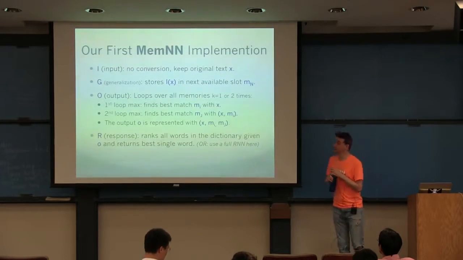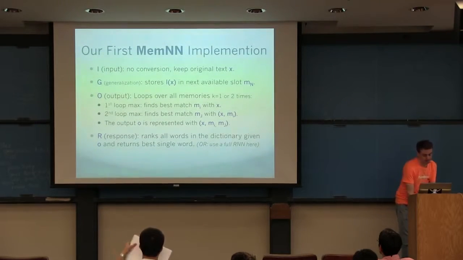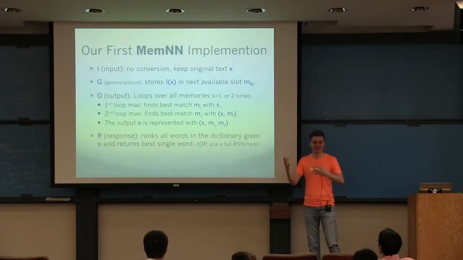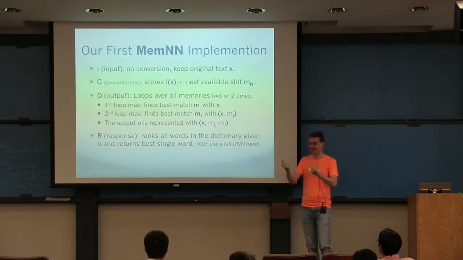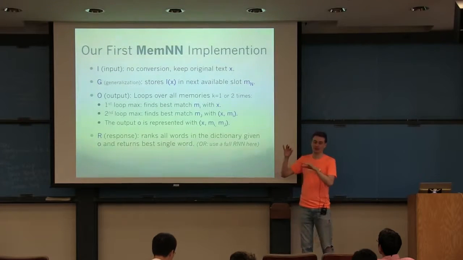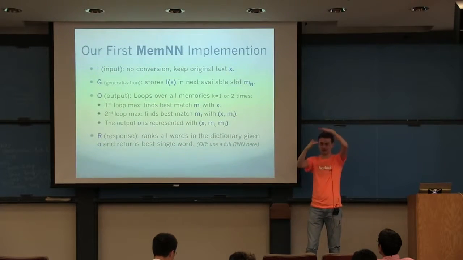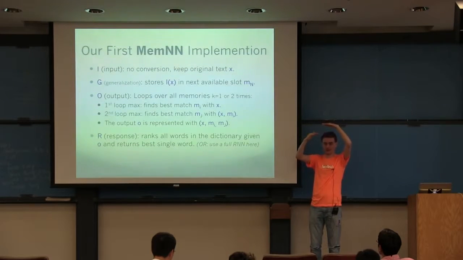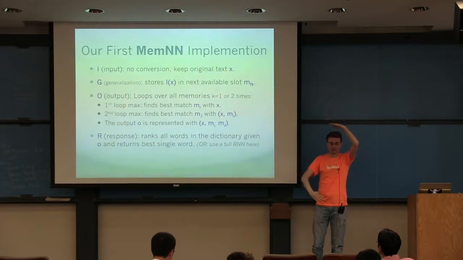For the I component, all we're going to do is take the input text and do nothing with it, just keep it in word format. In the G component, we're going to store it in our memory. Our memory is just going to be a big array. We're going to store that text in the next slot that we know isn't filled yet. So we're just going to store the story.